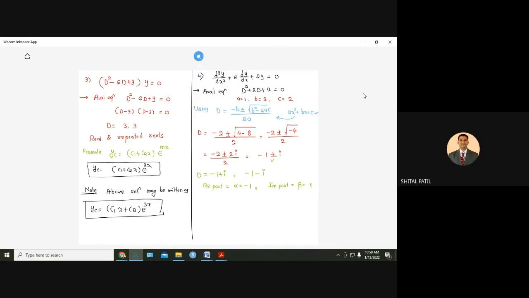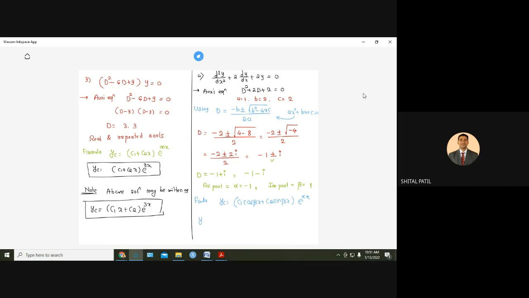Yes, sir. Okay. Now, formula number 3. What is y of c? C1 cos of beta x plus C2 sin of beta x, into e raised to alpha x. Okay, so just substitute the values.